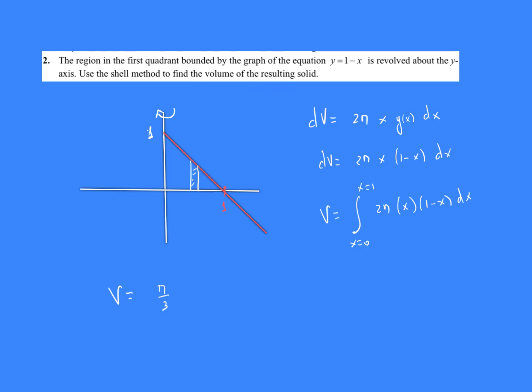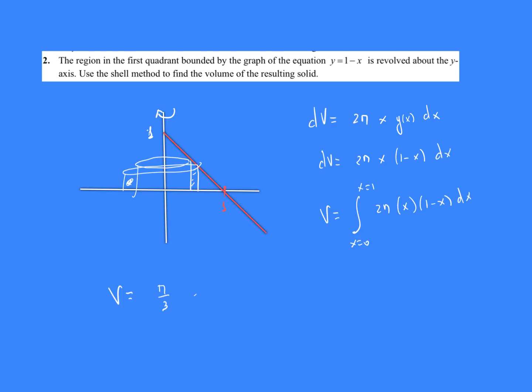Okay, so if I revolve through the y-axis, what I will have is something like this. The volume inside is what I'm measuring, the total volume.